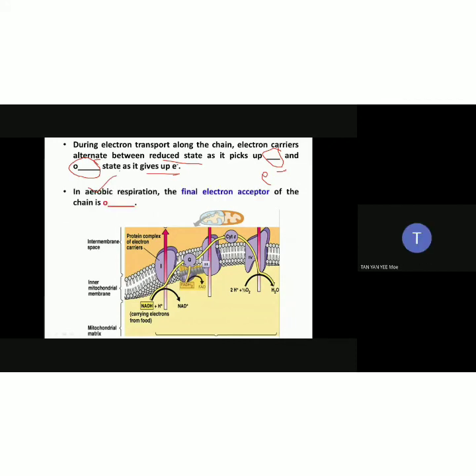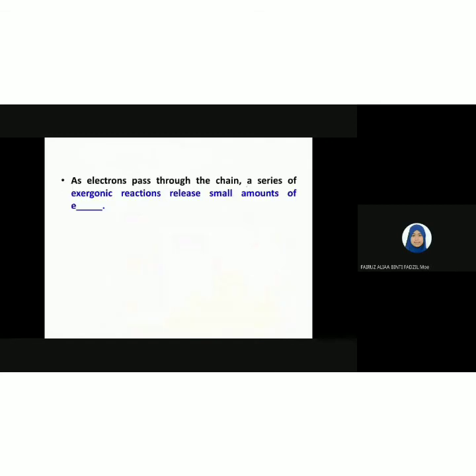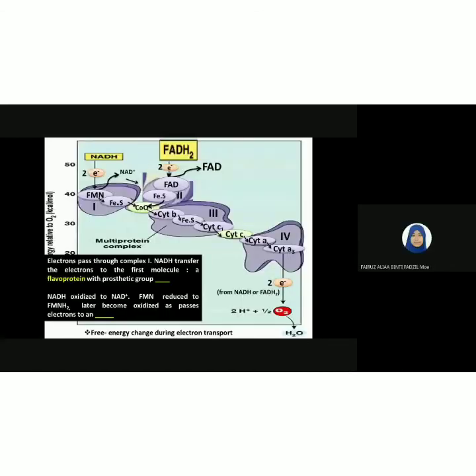In aerobic respiration, the final electron acceptor of the chain is oxygen. As electrons pass through the chain, a series of exergonic reactions release small amounts of energy.